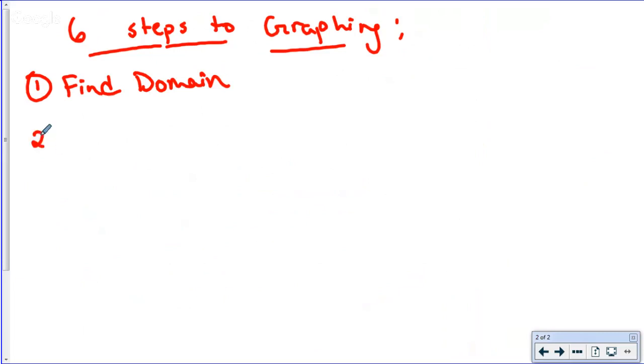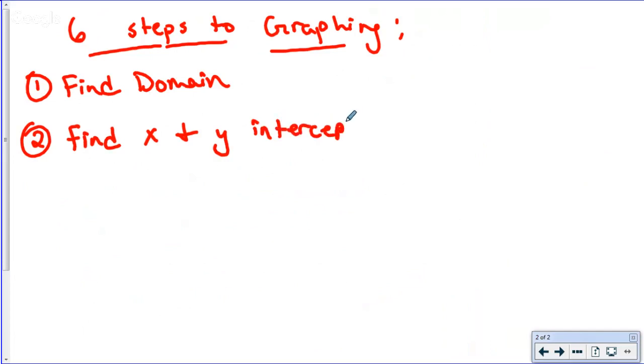Step 2 is find your x and y intercepts. That is 0 comma y for your y-intercept and x comma 0 for your x-intercept.